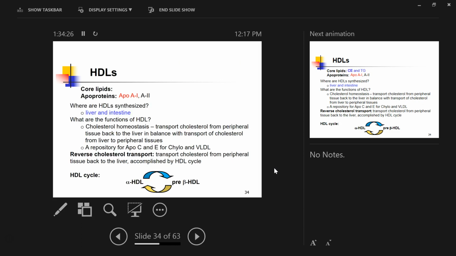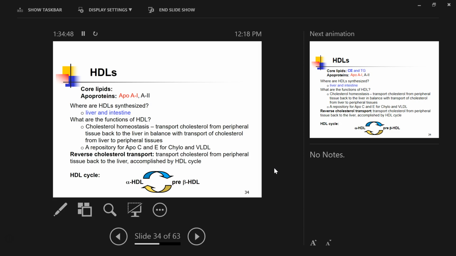Okay, so that was LDL. Now let's move on to HDL. HDL, similar to LDL, is also a cholesterol lipoprotein, so it also deals with cholesterol metabolism.